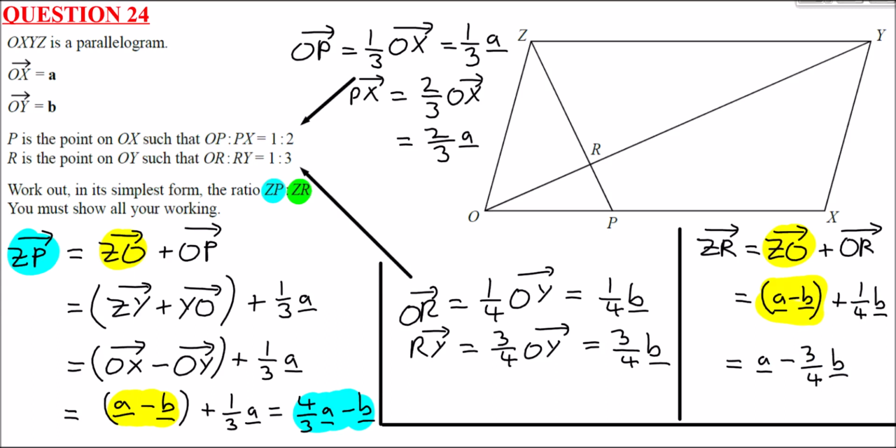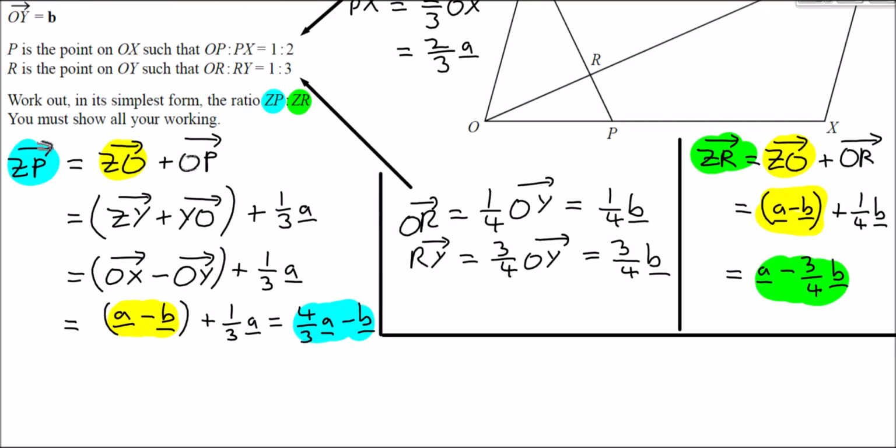So therefore the vector ZR is a minus 3/4 b. We now need to work out in simplest ratio ZP to ZR. We can now use the idea that ratios operate almost exactly the same as fractions. So therefore, let's think of this as ZP as a fraction of ZR.